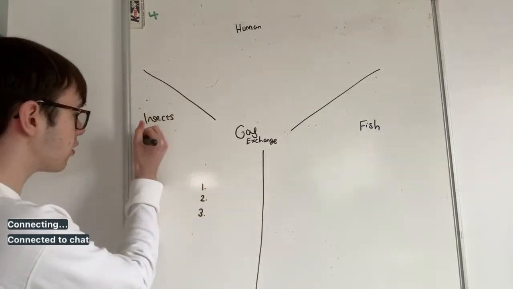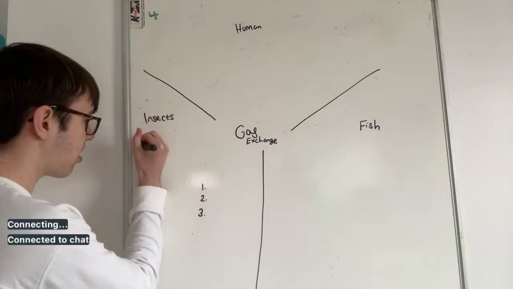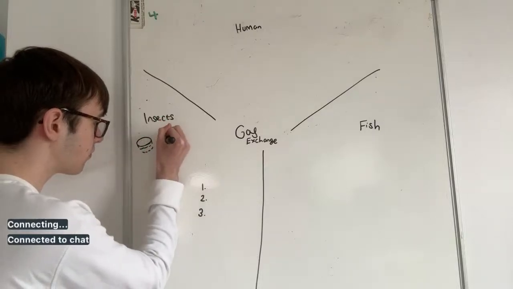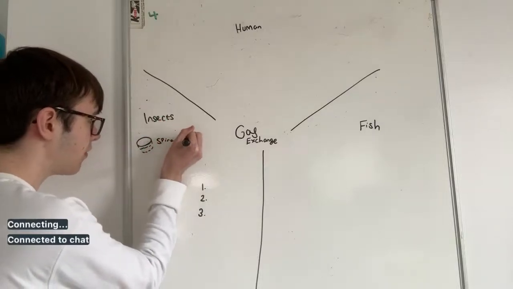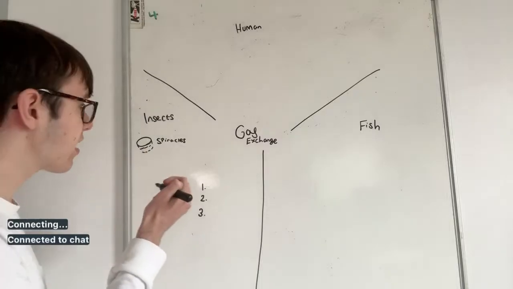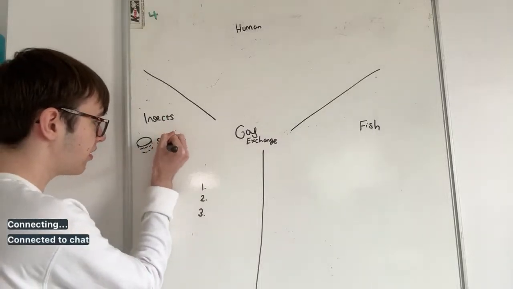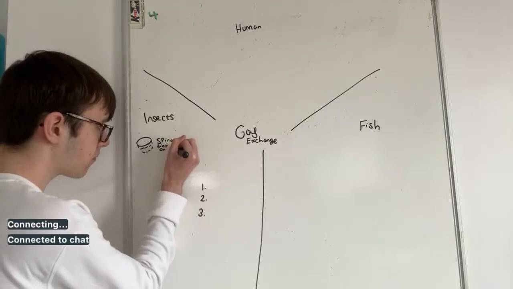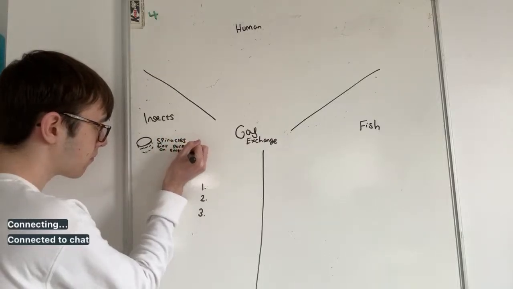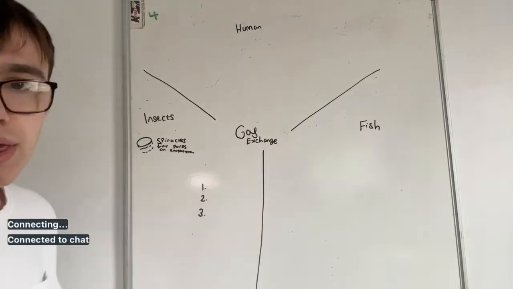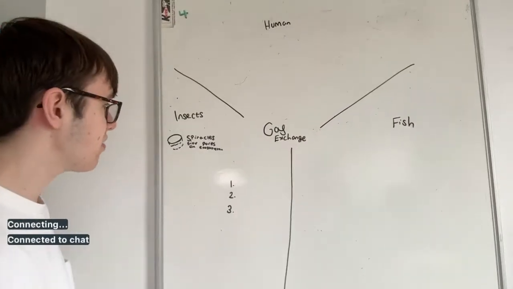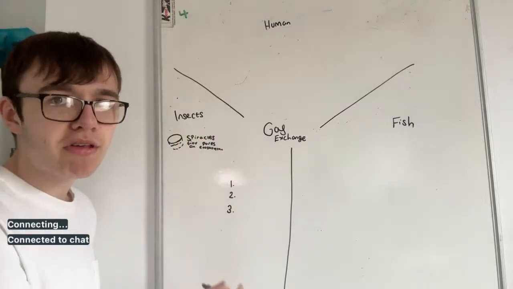Firstly, you have your spiracles, which are tiny holes, tiny pores on the exoskeleton of the insect. And what this allows is for gas to diffuse in or out.